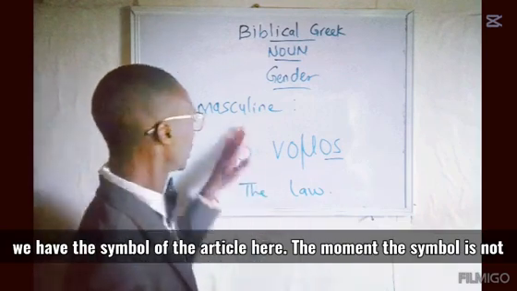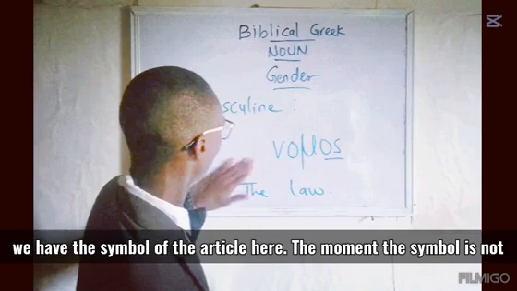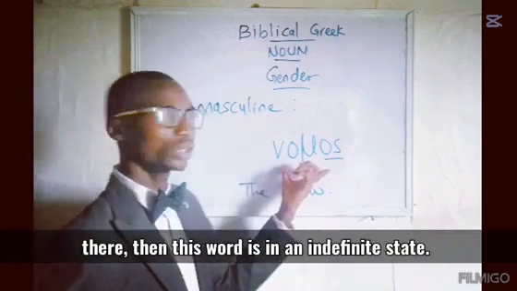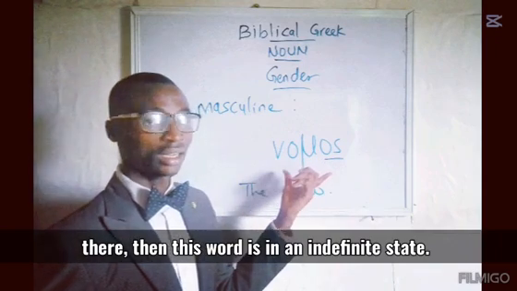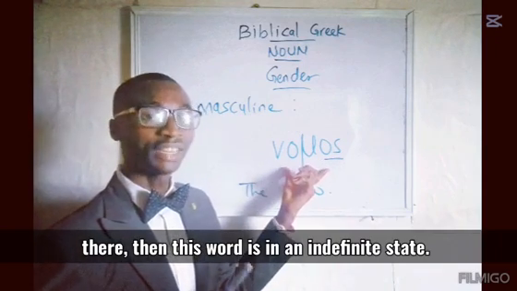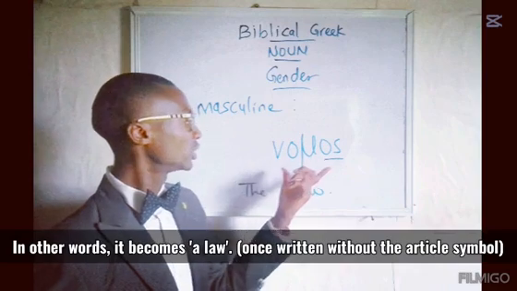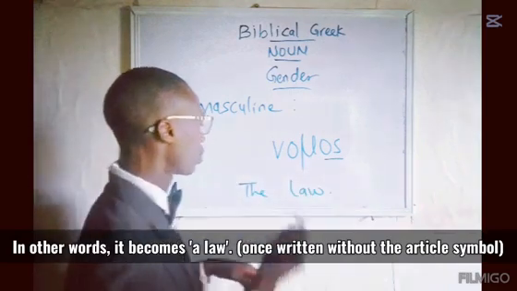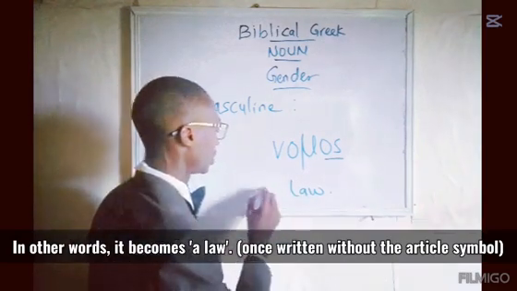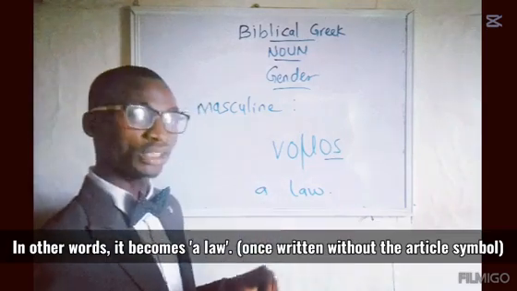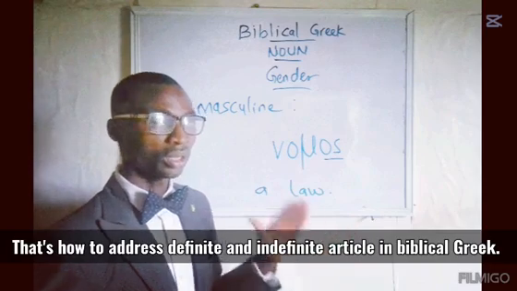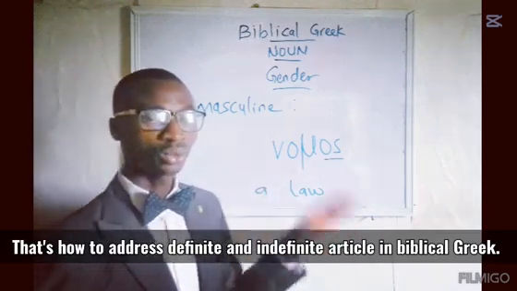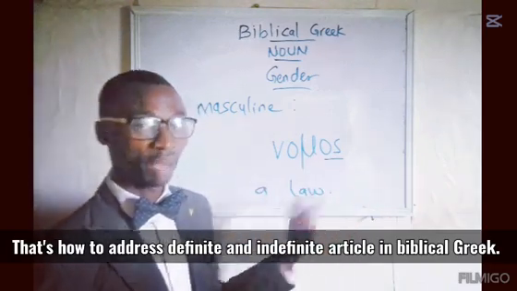So the moment the symbol is not there, then this word is definitely indefinite. In other words, it becomes a word, a law, once it's written without the symbol of the article. So that's how to address definite and indefinite article in Bible Greek.